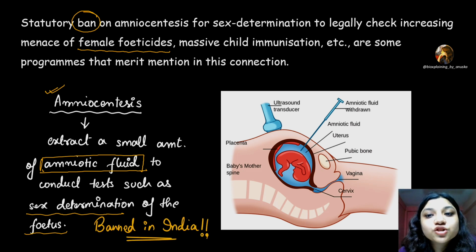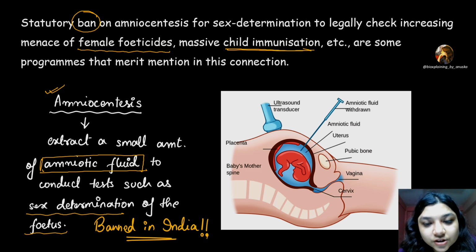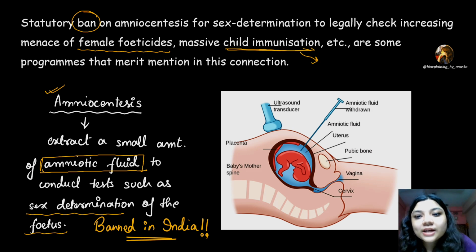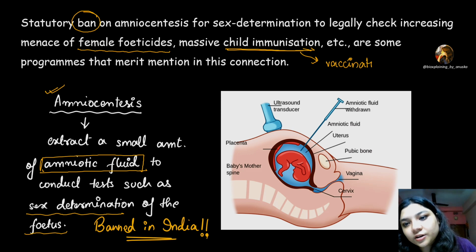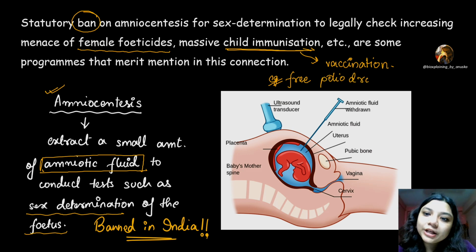Then massive child immunization programs are done. An immunization program means vaccination. For example, free polio drops are available. Polio drops are given completely free. Free polio drops are available to children up to a certain age.